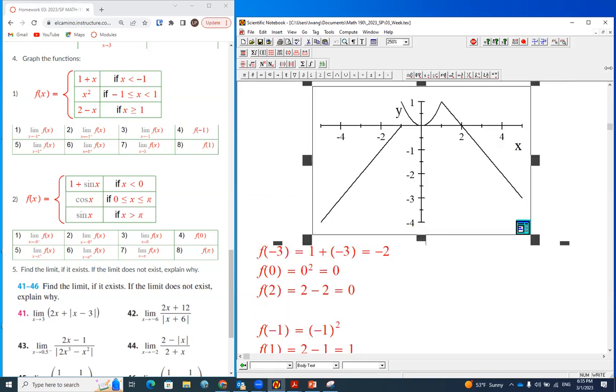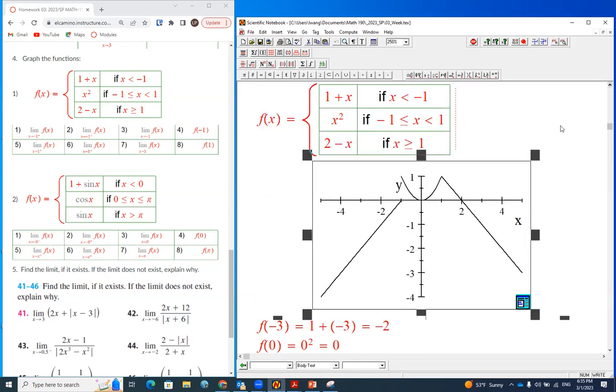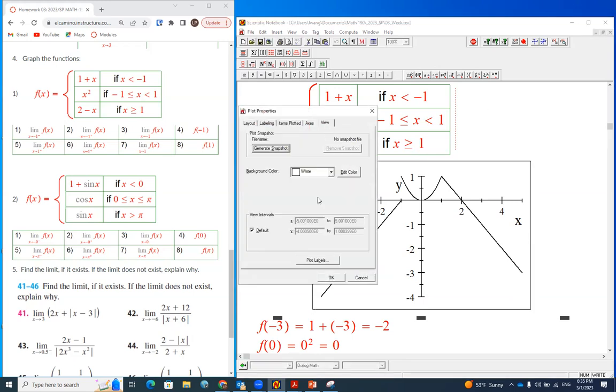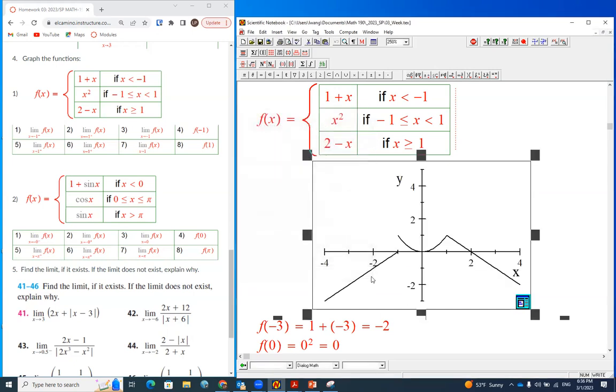Okay, so this is the function. But we need to put the dots and circles in place. I'm going to make some adjustments about the interval, to see if that would do the work.